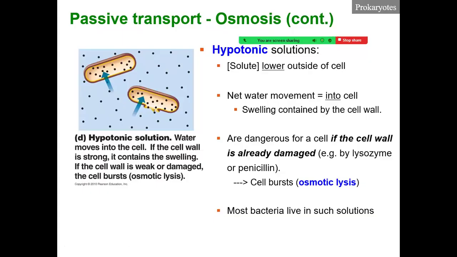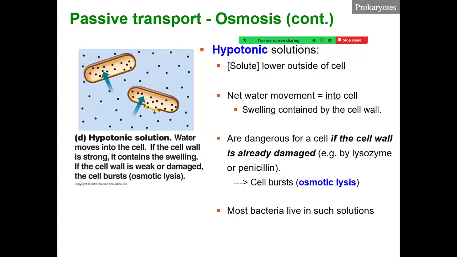The cell has taken as much water as it can. There's no more room for the water to move into the cell. And that's how the cell wall can protect the bacteria from being in a hypotonic solution. The cell wall will limit the amount of water moving into the cell. Any question about any of that?